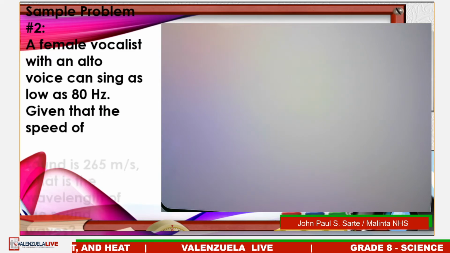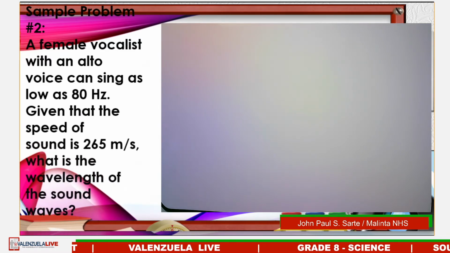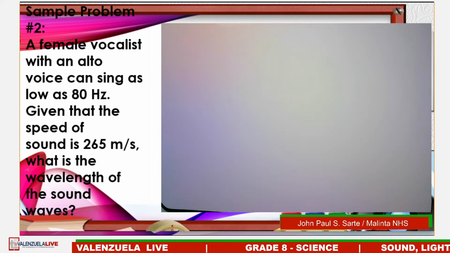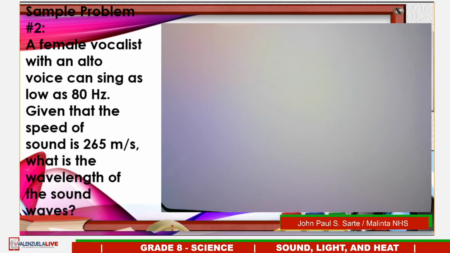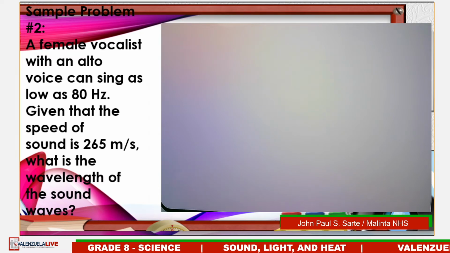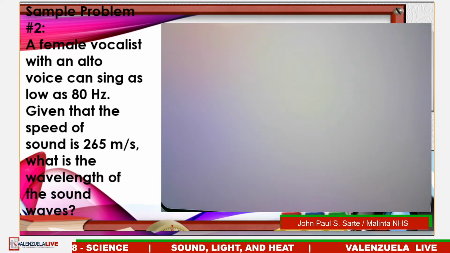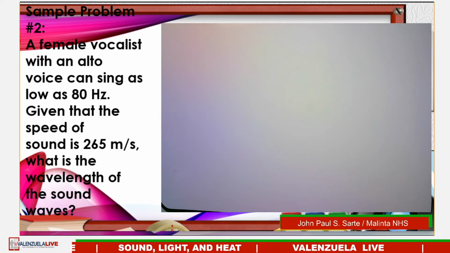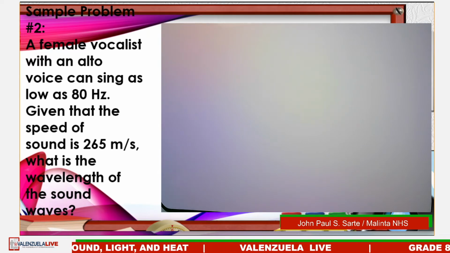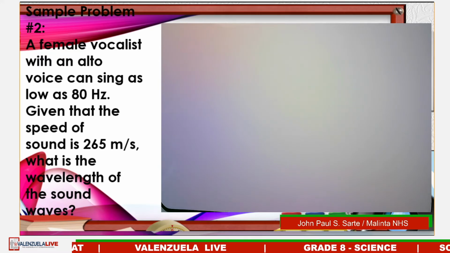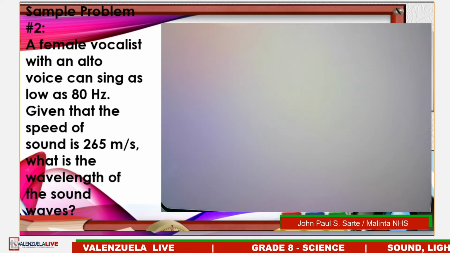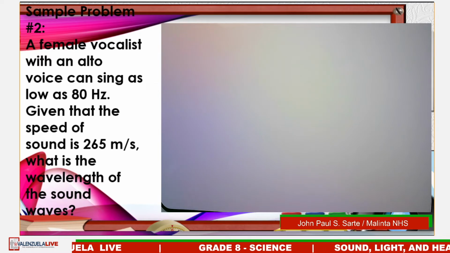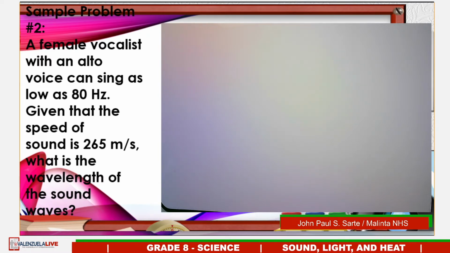Given that the speed of sound is 265 meters per second, what is the wavelength of the sound waves? I repeat, a female vocalist with an alto voice can sing as low as 80 hertz. Given that the speed of sound is 265 meters per second, what is the wavelength of the sound waves?